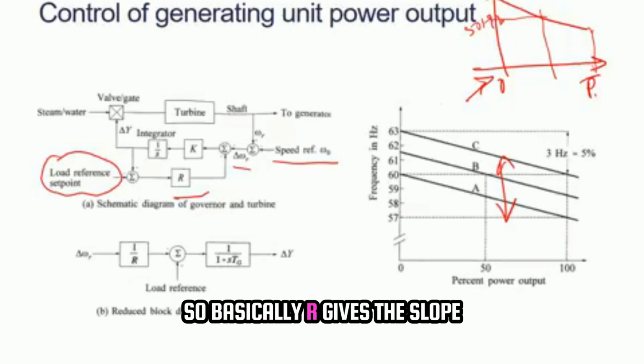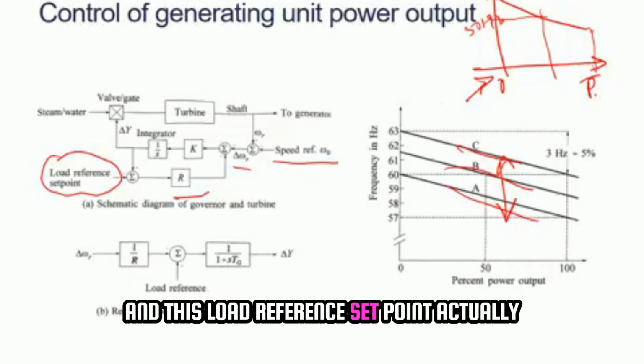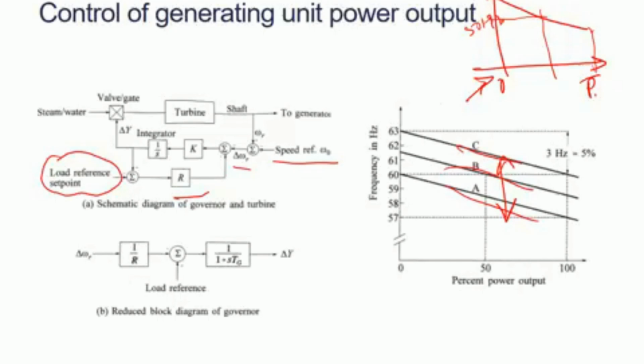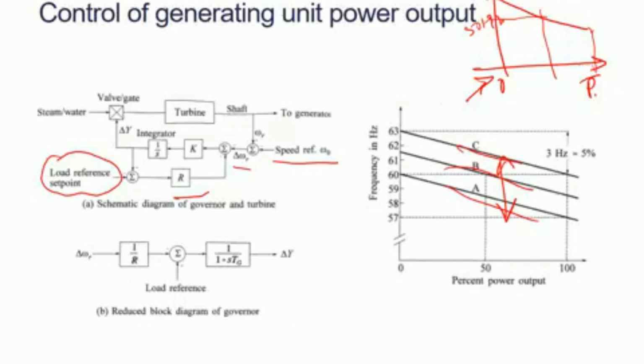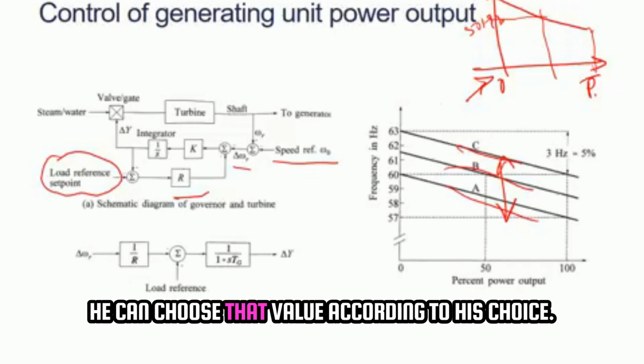So R gives the slope of these lines A, B, C, and the load reference set point vertically shifts the line up and down. This load reference set point is again given by the plant operator.